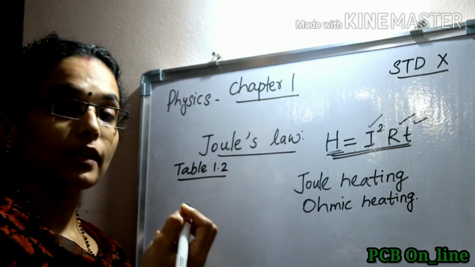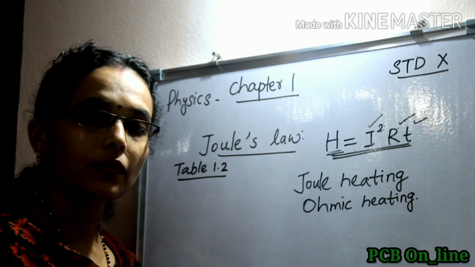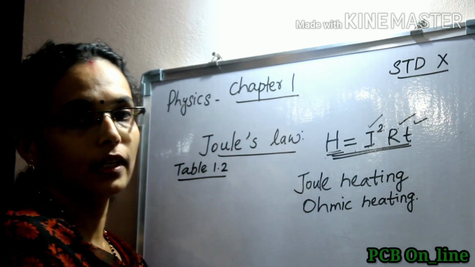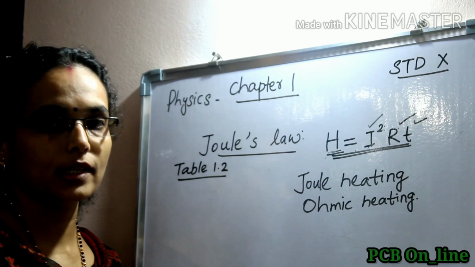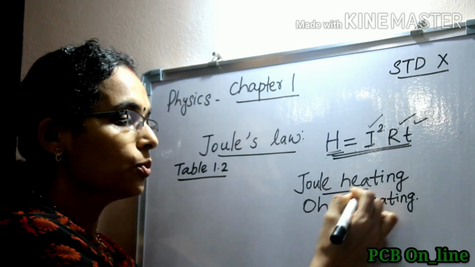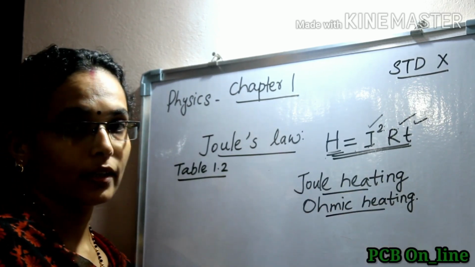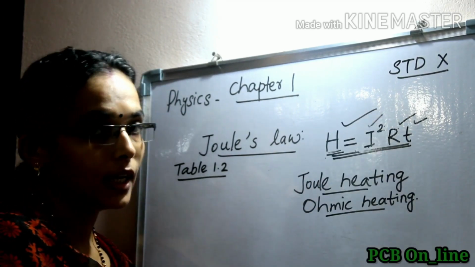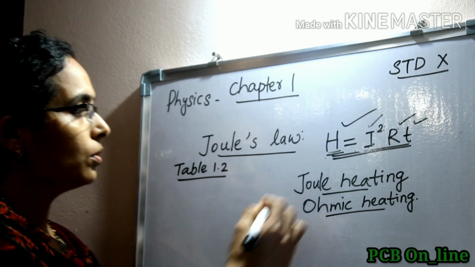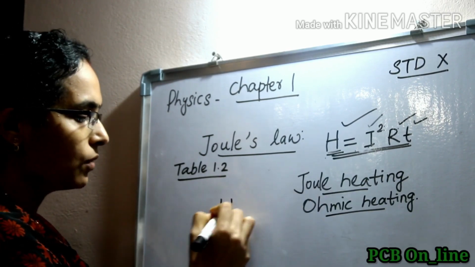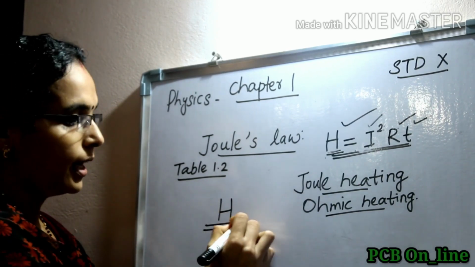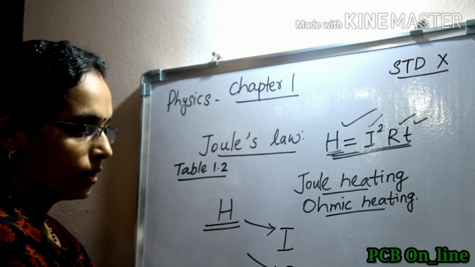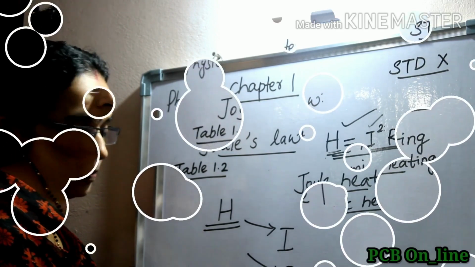When a conductor carries current, we know that it will get heated, and this heating effect or heating process is termed Joule heating or ohmic heating, and the generated heat can be calculated by using this equation. Now what are the factors influencing H? They are current, resistance and time.